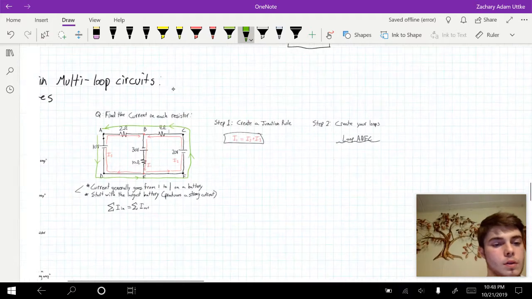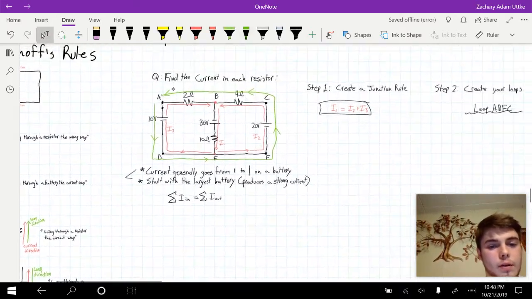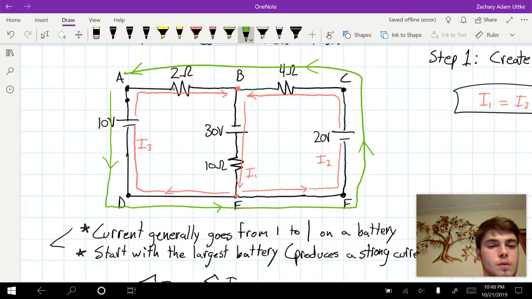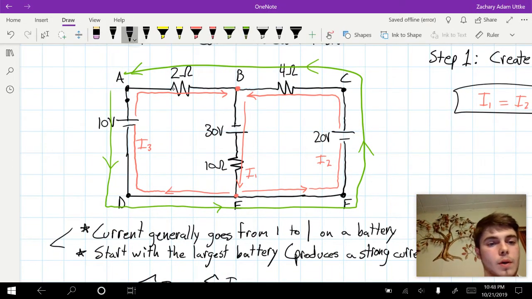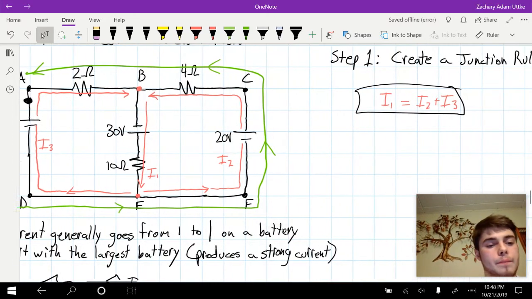So if you look back to all of these rules that I have laid out here, what is happening when we start right here at this arbitrary point and go down through this battery?